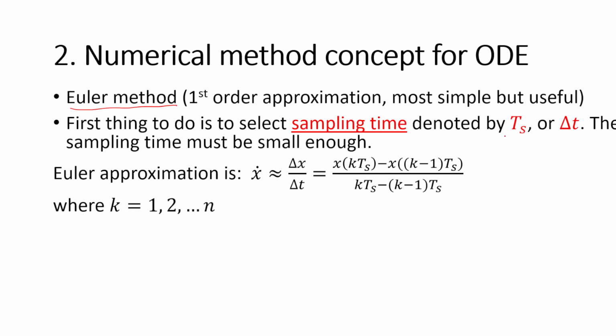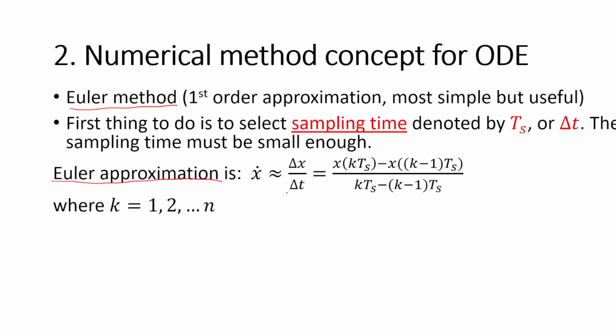The first thing to do is to select the sampling time, denoted by capital Ts or delta T, and the sampling time must be small enough. Sometimes you hear Euler method, sometimes Euler approximation, sometimes first order approximation.